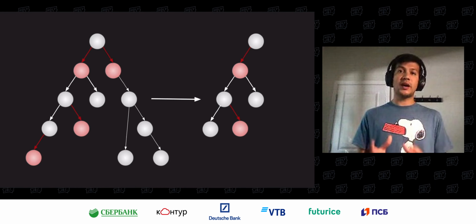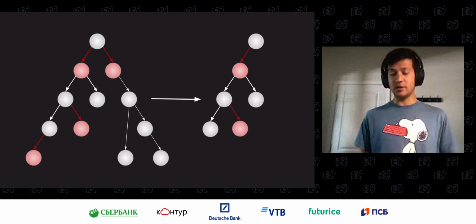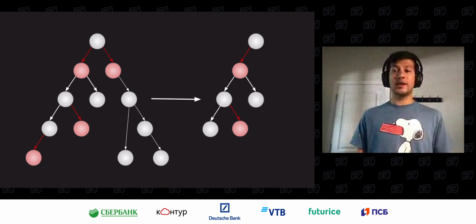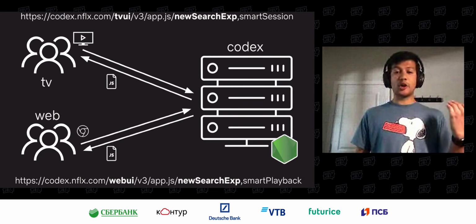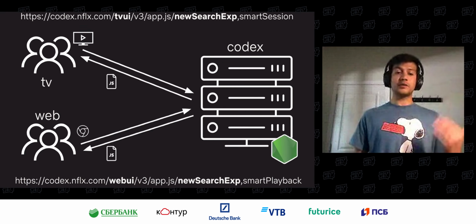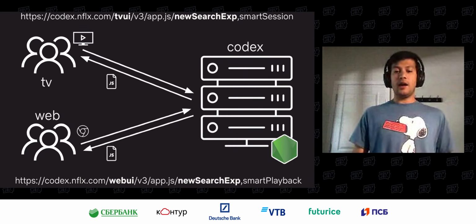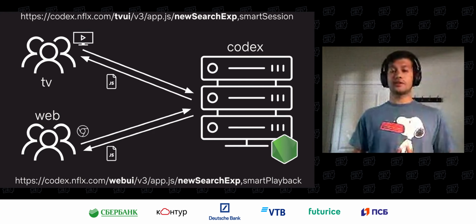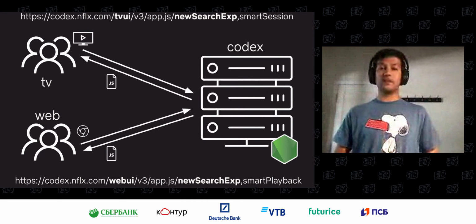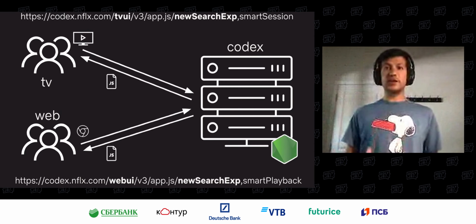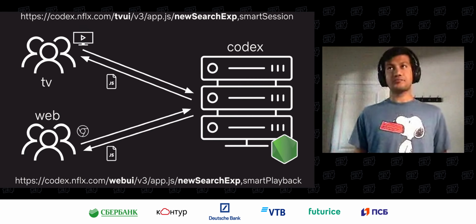That's the smaller package that we want to build and serve, and that is exactly what Codex does. It gets requests from both TV apps and the website, and the URLs tell us to look for a given version and a given entry point, bundle them together and give us back the result. This is how Codex actually behaves.